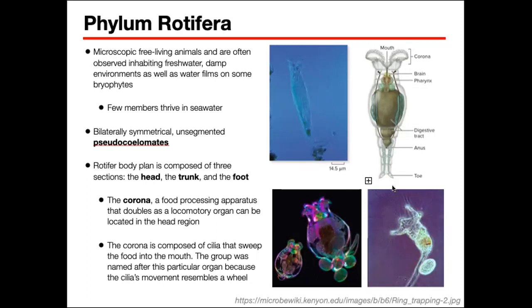So makikita nyo dito na meron siyang bristle-like structures. This is usually used to move and at the same time to filter and capture organisms and then move the filtered organisms toward the mouth region. Okay?